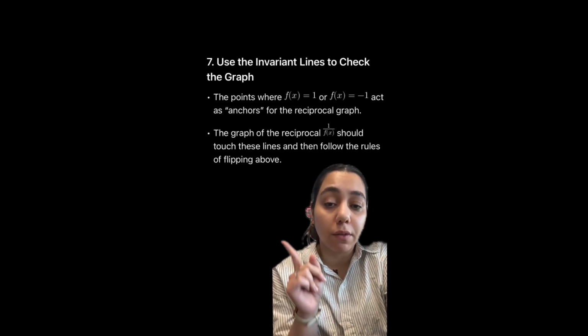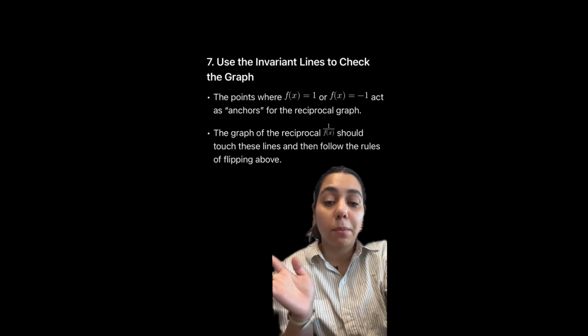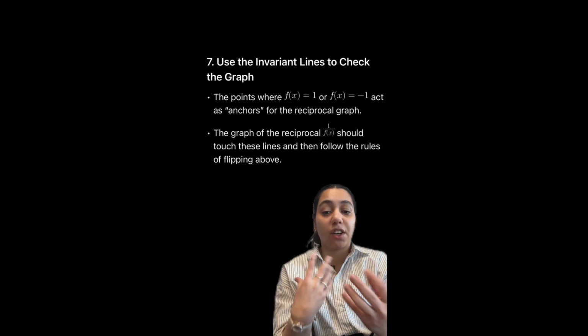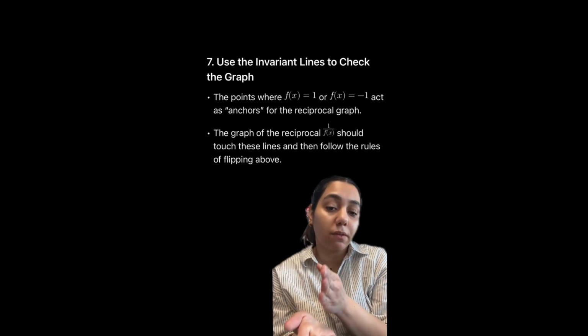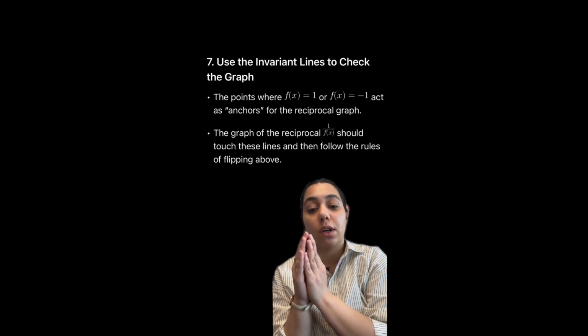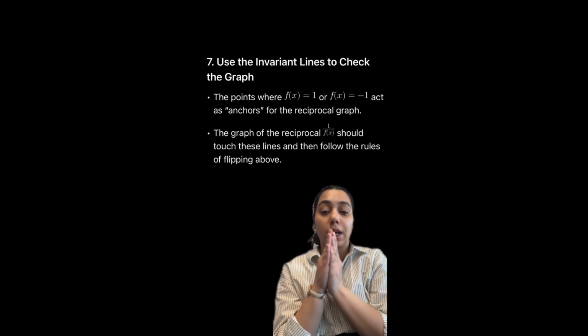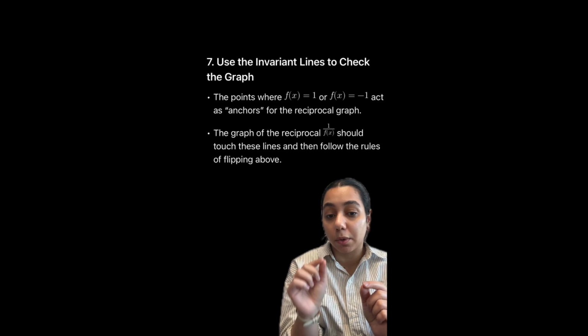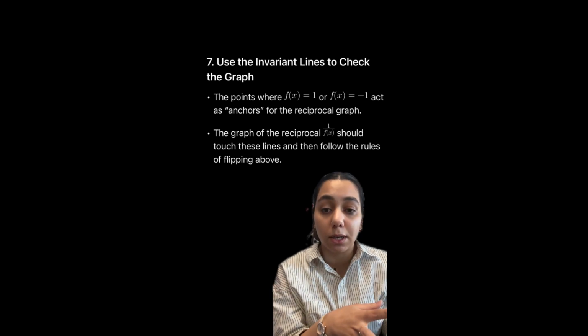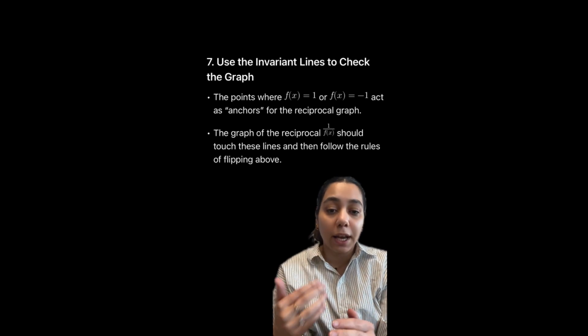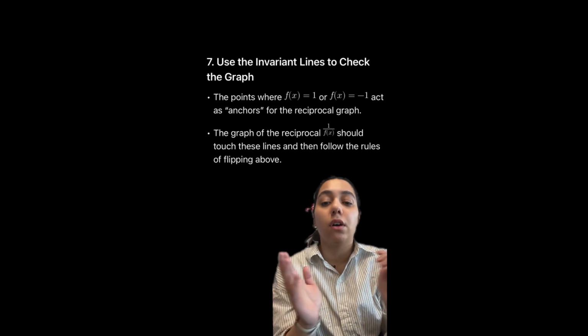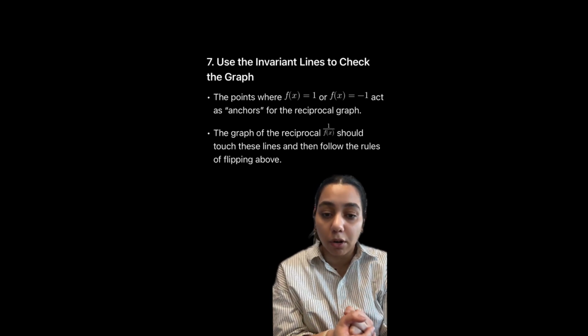Okay, why were those invariant lines important? Because that's kind of like a guideline, okay? When you have the invariant point, you can choose a point before that invariant point or a point after it, just to check if you got the curve of your reciprocal function correct.